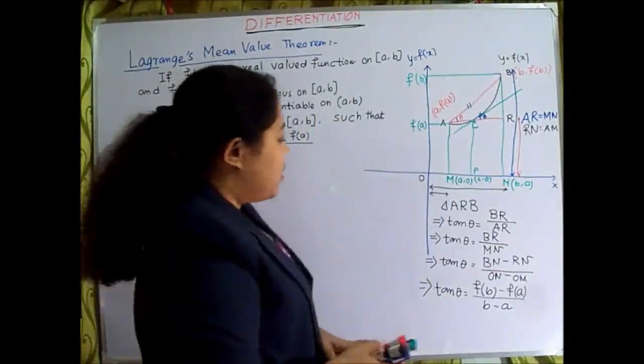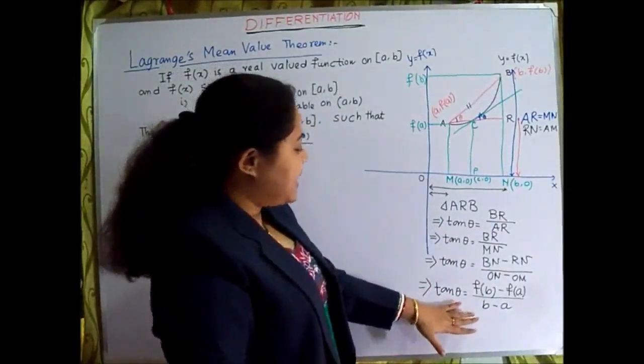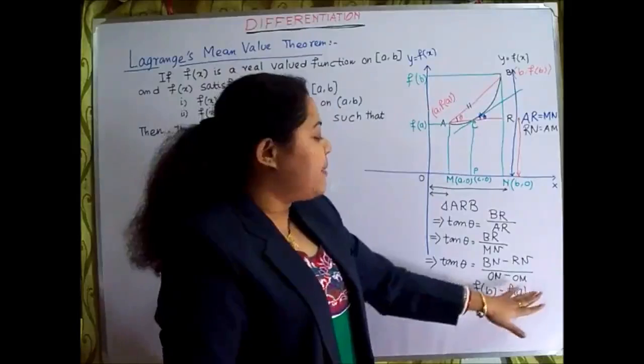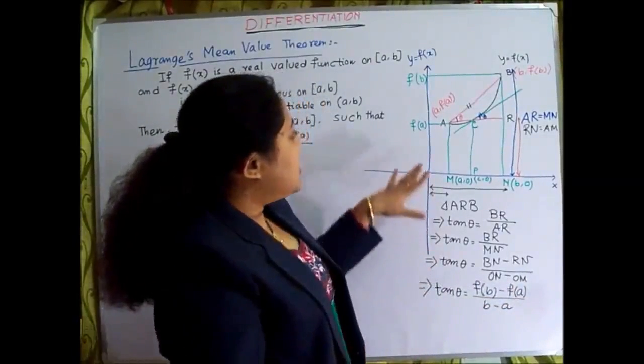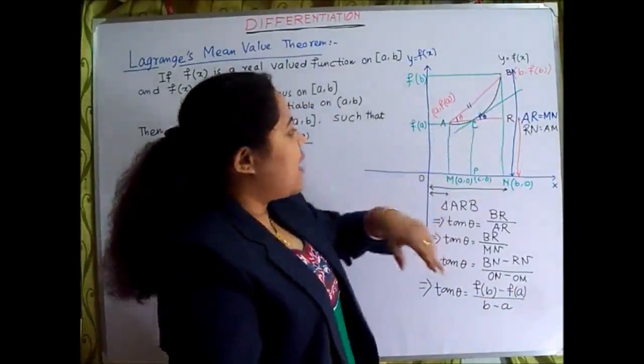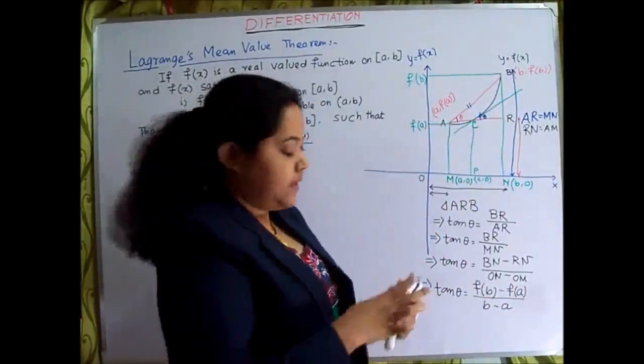Now we can say that tan theta is equal to Fb minus Fa divided by B minus A. Now take a look at this graph. What is tan theta?